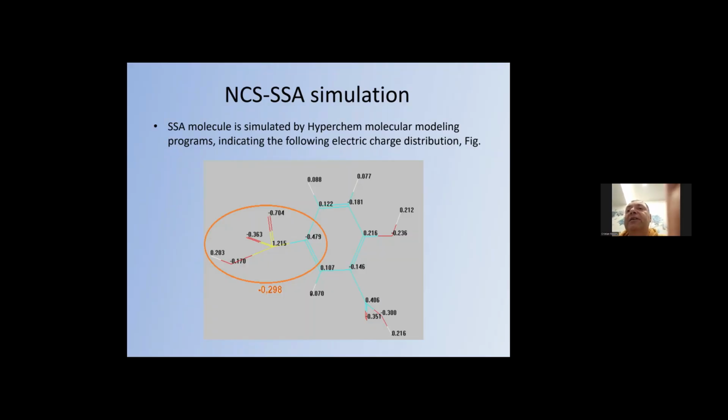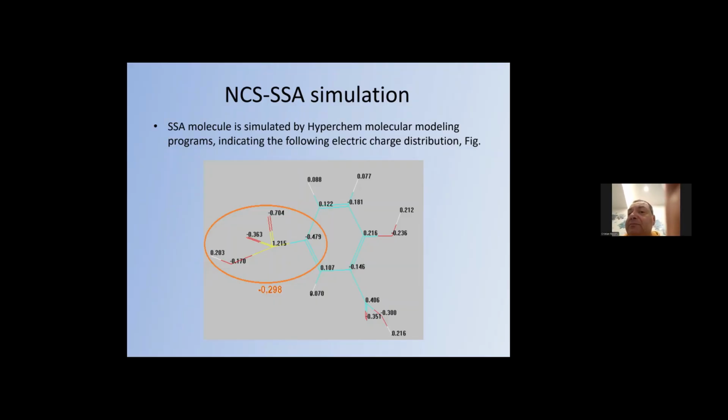As you see, if we make the algebraic sum of all values of this electrical charge, the molecule gives 0 coulombs, 0 electrical charge. But there is a branch of the molecule that presents approximately minus 0.3 of this normalized charge, which behaves like an excess of electrons in this region.